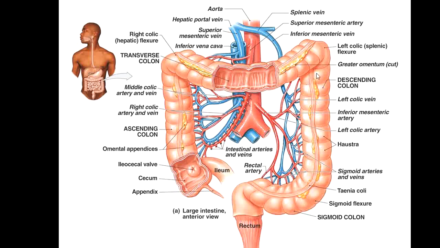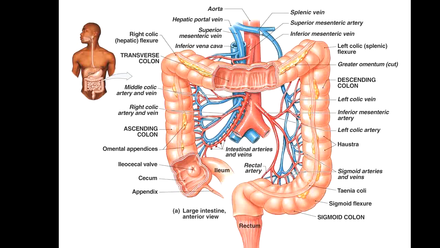You can also see over here a lot of arteries and veins. The arteries come from the descending aorta and supply blood to the large intestine, and the veins, which are blue in color, drain it. These are the mesenteric artery and the mesenteric vein. The mesenteric vein does not pass blood to the heart directly.